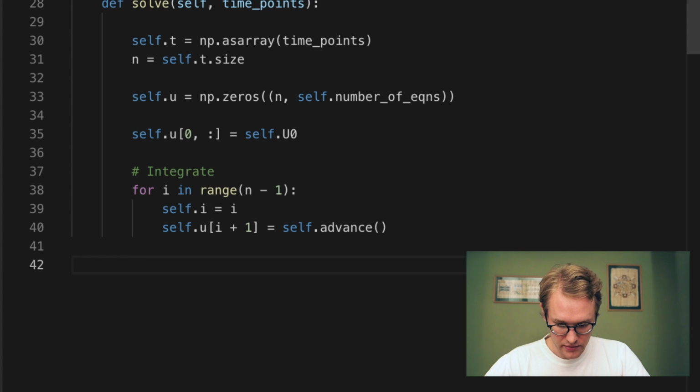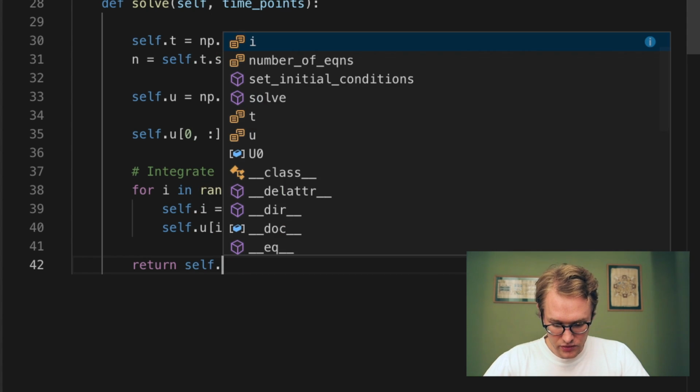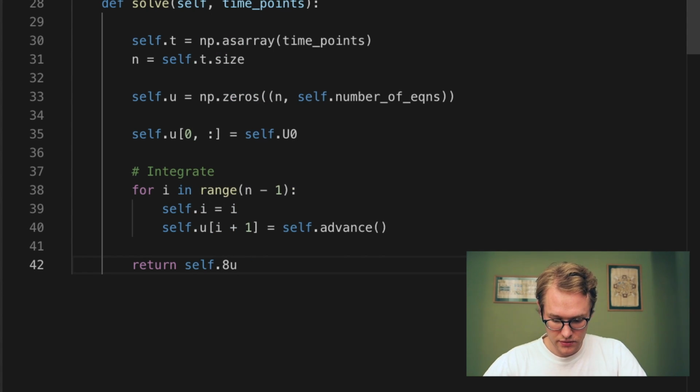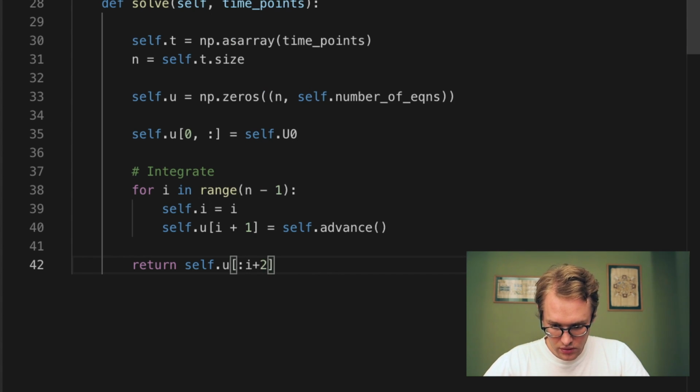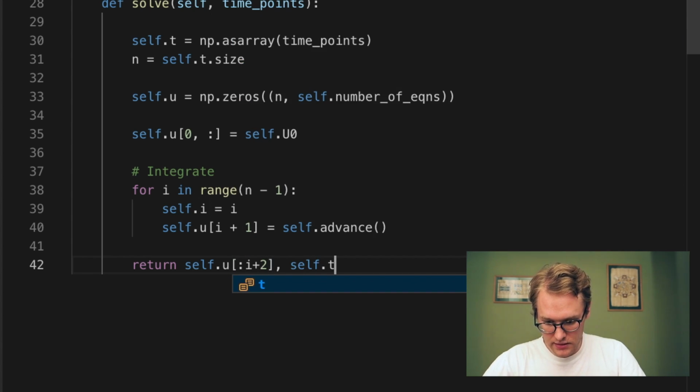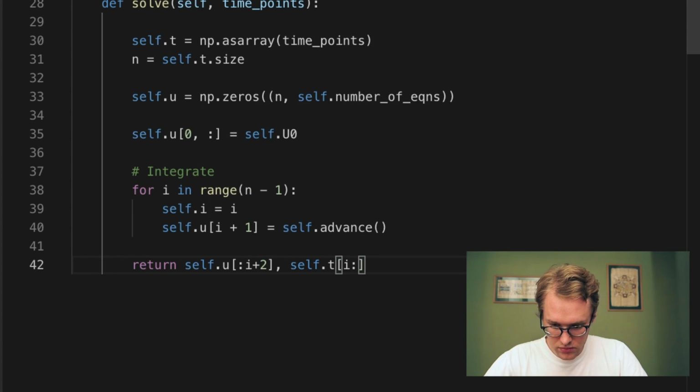And we are going to return this entire thing. That's everything we need. The u's, which are the solutions, and the t's. Yeah, I think that should make sense.